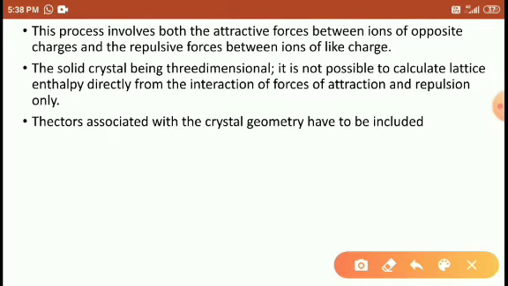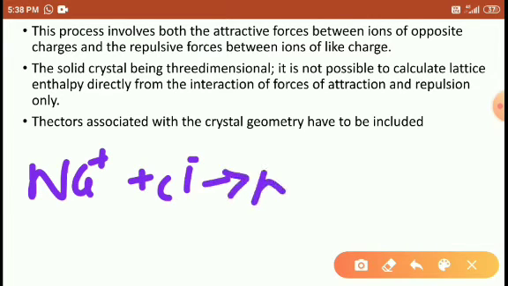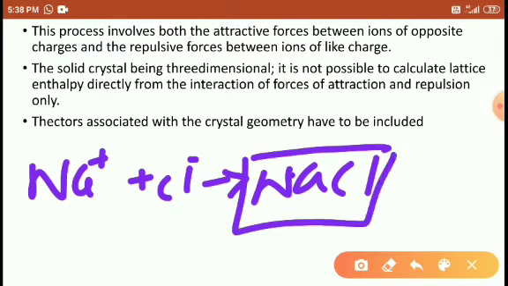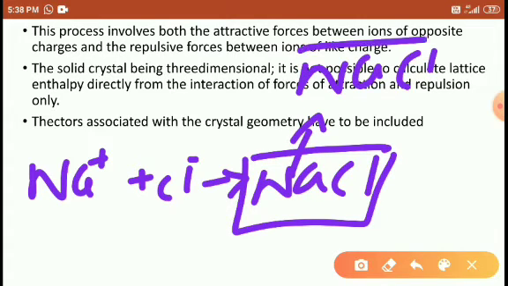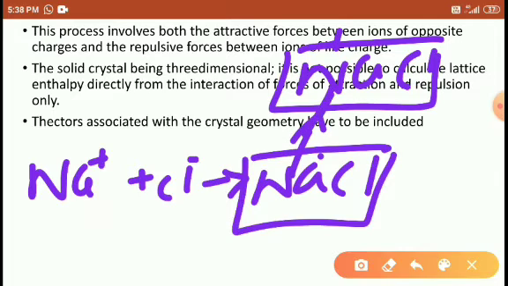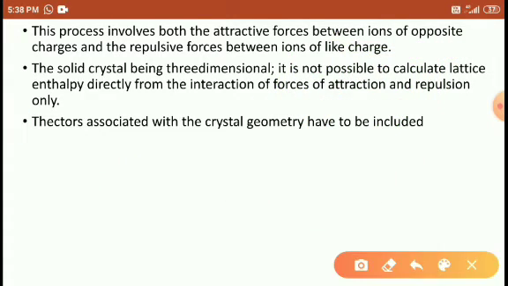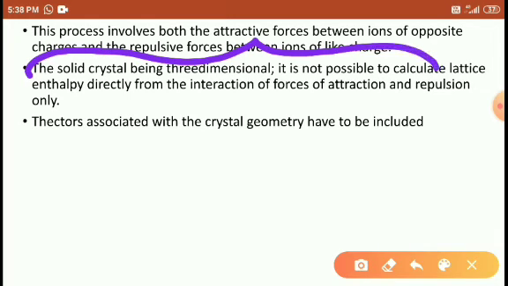So through the attraction force, the sodium and chloride ions are holding each other, and this sodium chloride with the next sodium ions: this sodium is positive, this is also positive, positive repels positive; this chlorine is negative, chlorine repels chlorine. So for this solid crystal, it is not possible to calculate the lattice enthalpy directly.